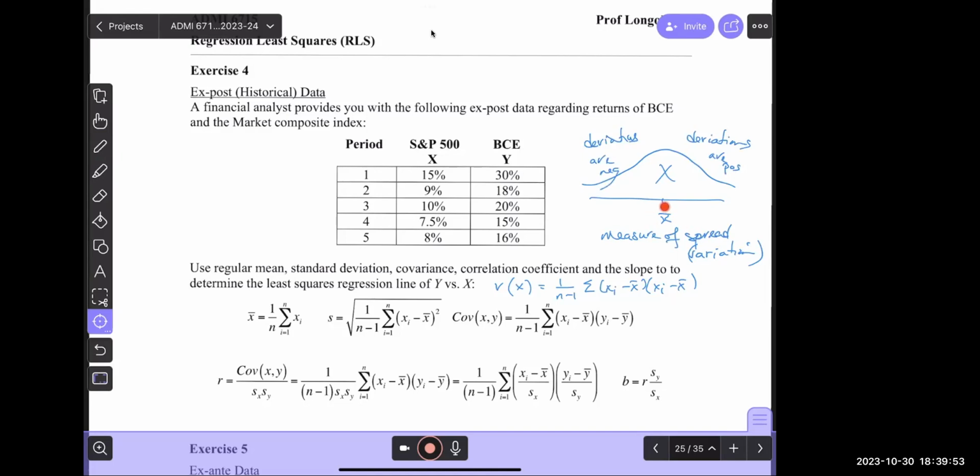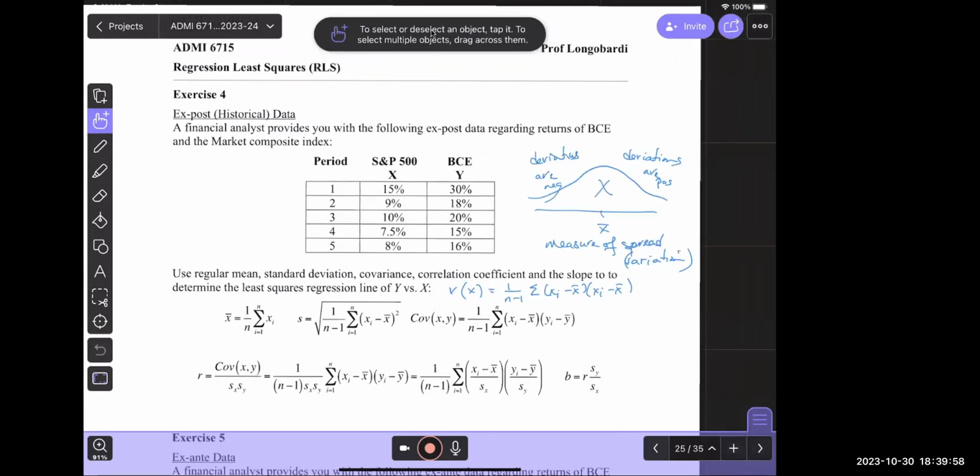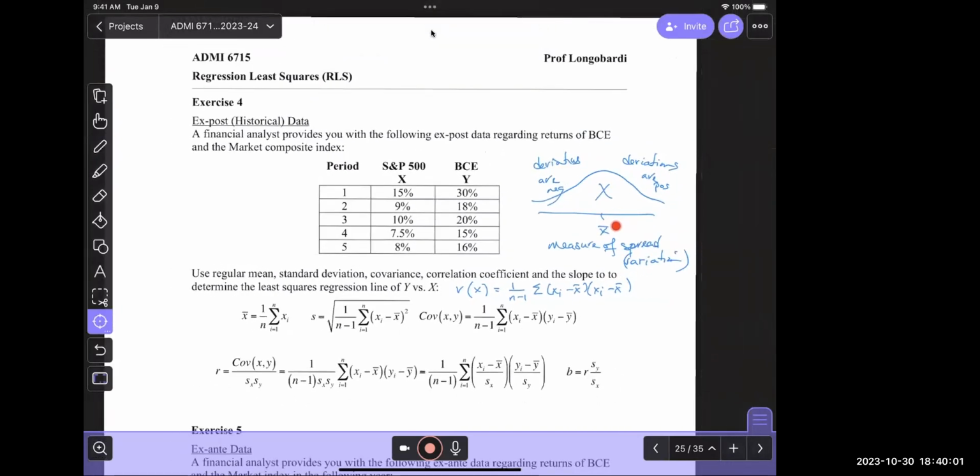Because X bar is the center of gravity, it balances this distribution so that the deviations on the lower side are the same in quantity and distance as those above it. So if I just take the deviations from the mean to calculate an average, I'm going to get 0. That doesn't make sense for what I'm trying to do. I want to maintain the magnitude. I don't care about the sign or the direction of the deviation. I just want the magnitude.